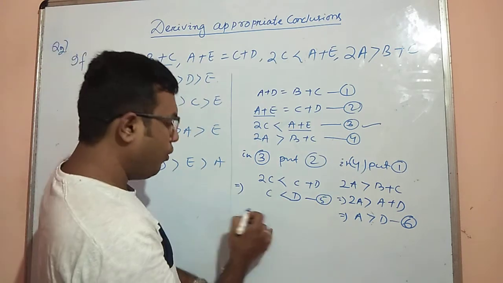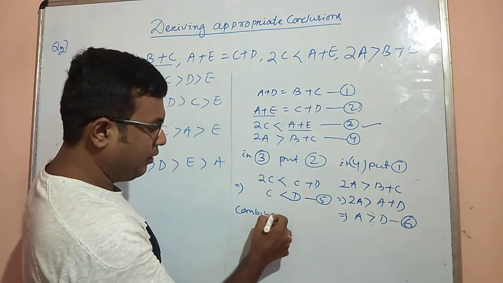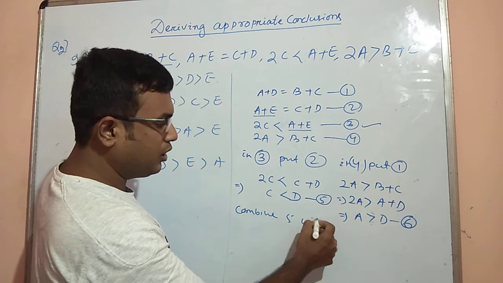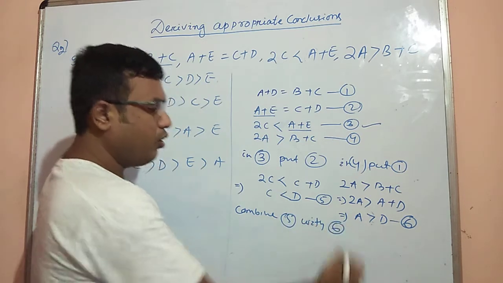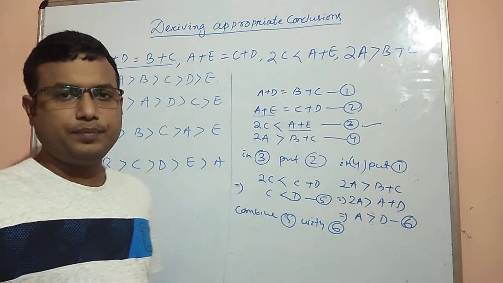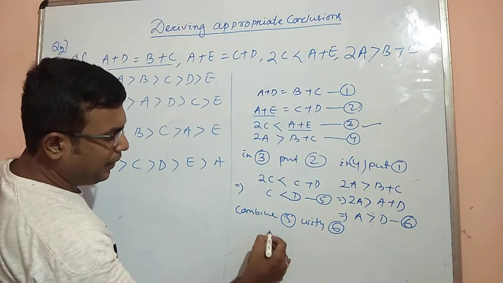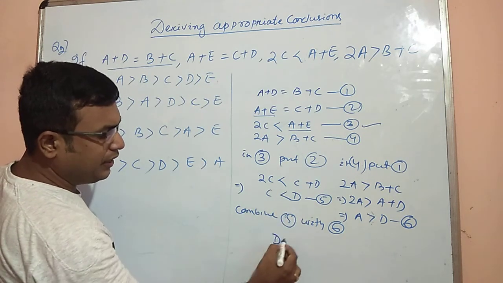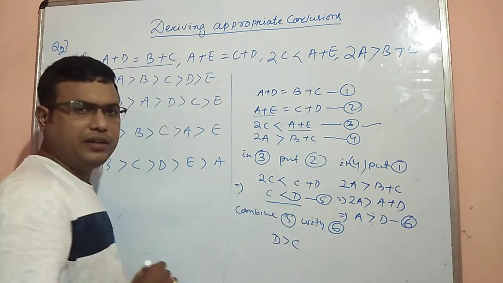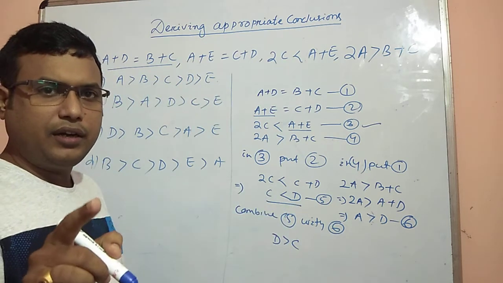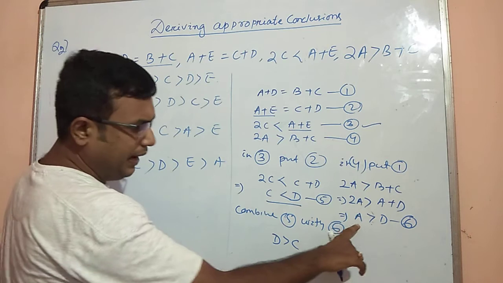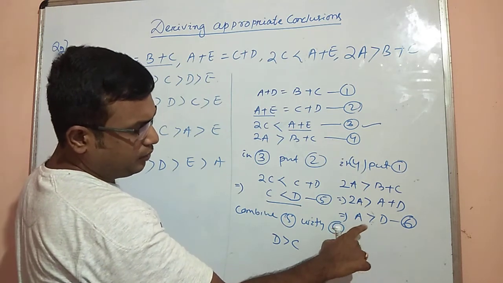And combine 5 with 6. Okay, that means from 5 we find d greater than c. Am I correct? C is less than d means d is greater than c, right? Then this one is what?